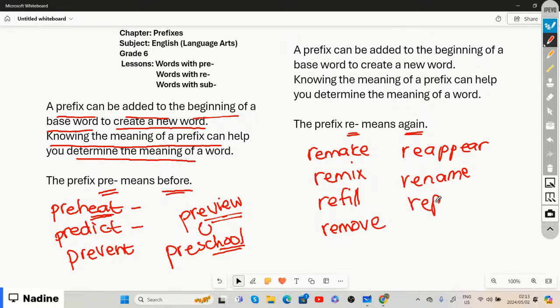Repaint. You painted, but now you're painting again, for example. Then we even have refold. It's like you're folding something again. And then retell. It's like you're telling someone something again.